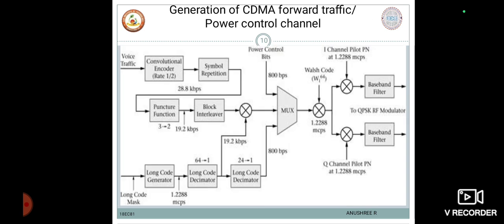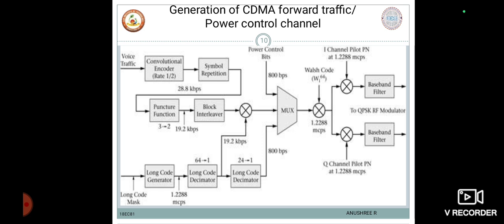Next come the power or the traffic control channels. The CDMA forward traffic channels carry the actual user information. This digitally encoded voice or data can be transmitted at several different data rates for IS-95 CDMA. In the generation of a forward traffic channel, for the rate set, an additional operation is performed after the symbol repetition block.